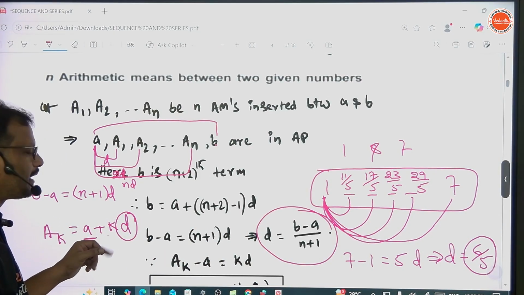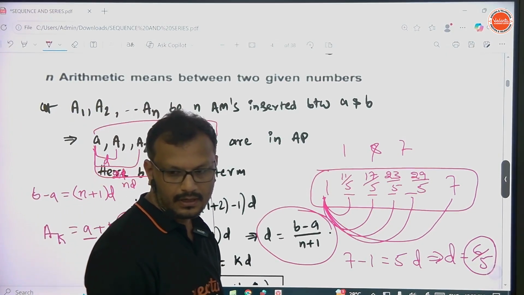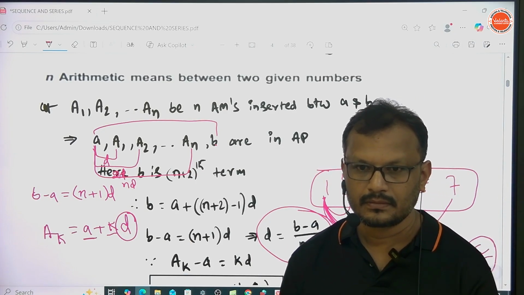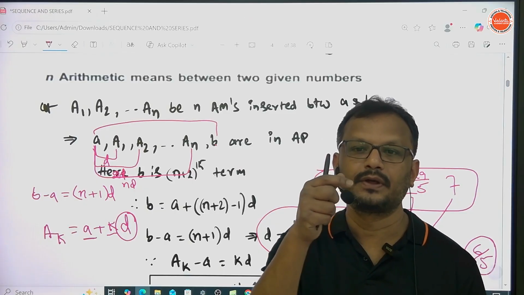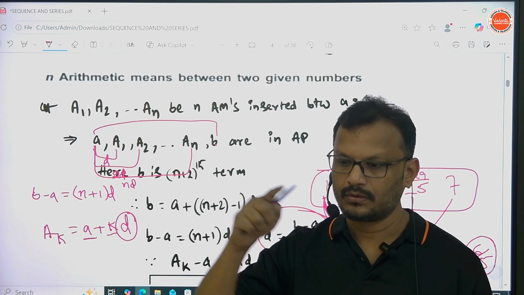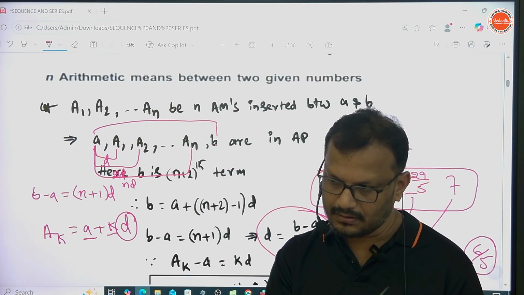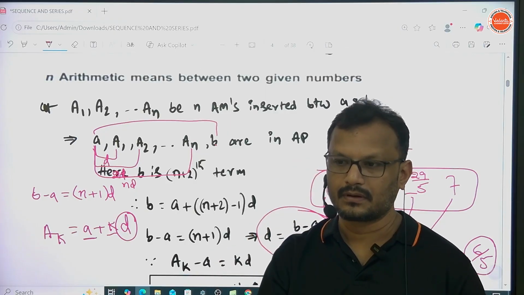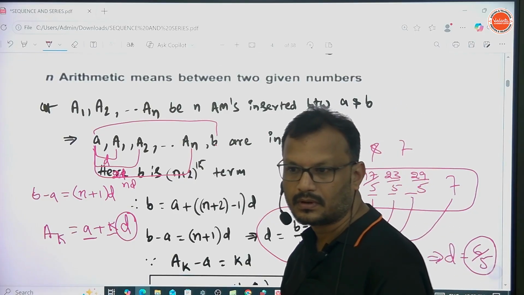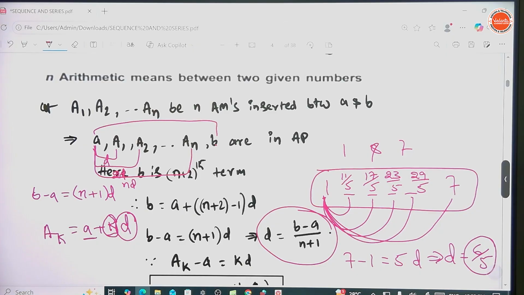And k value he will give, because if he has to ask something, he has to give the value of k, no? Like I will ask you between 1 and 7, insert 100 numbers. Out of that, from the A1, what is the 51st number? 51 means k. Right? So in place of k, you can substitute that number. So they will ask accordingly.